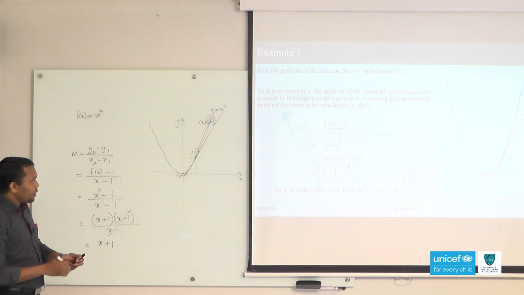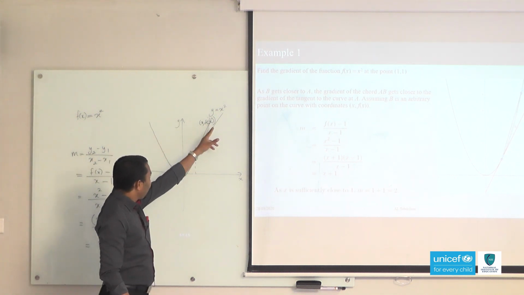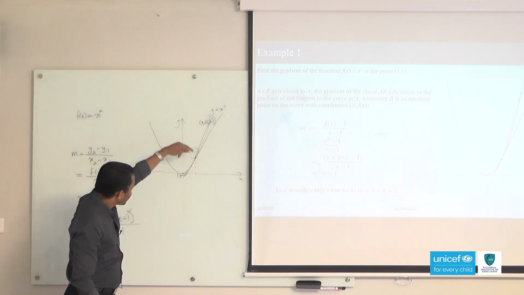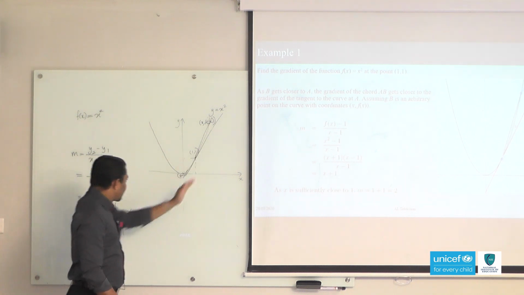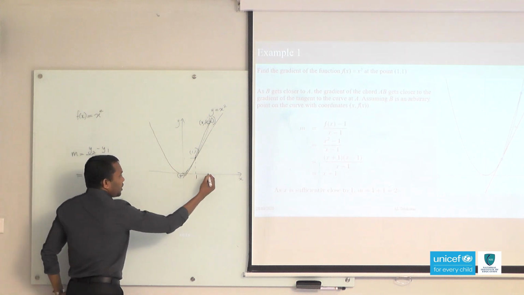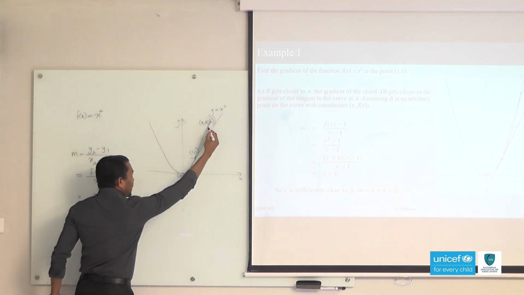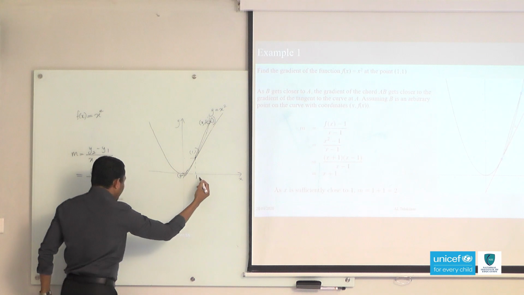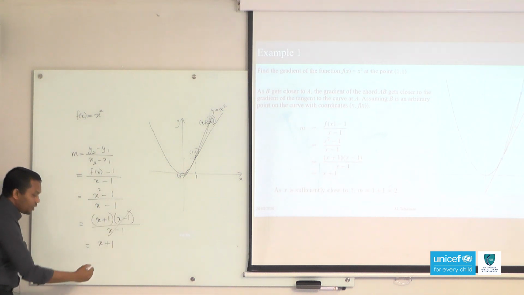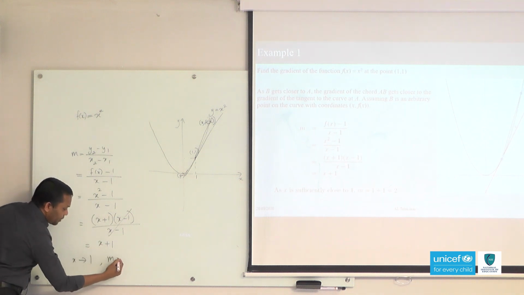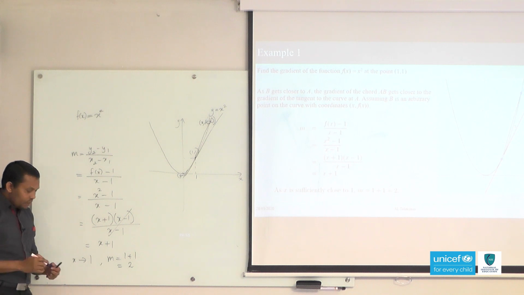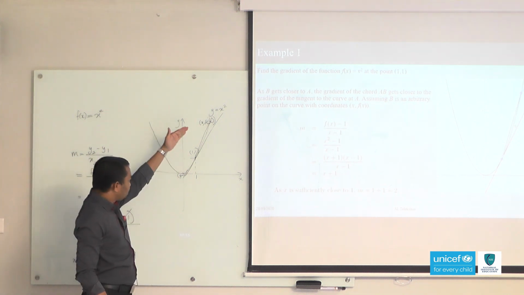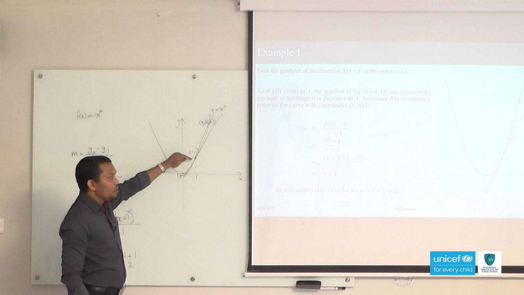But what I am trying to find is the derivative of the function, or the rate at which the function is changing at the point 1 comma 1. Now, as I bring this point closer to 1 comma 1, the x value will approach 1. So, as x approaches 1, the gradient m becomes 1 plus 1, which is equal to 2. That gives you the gradient of the tangent to the curve at the point 1 comma 1.